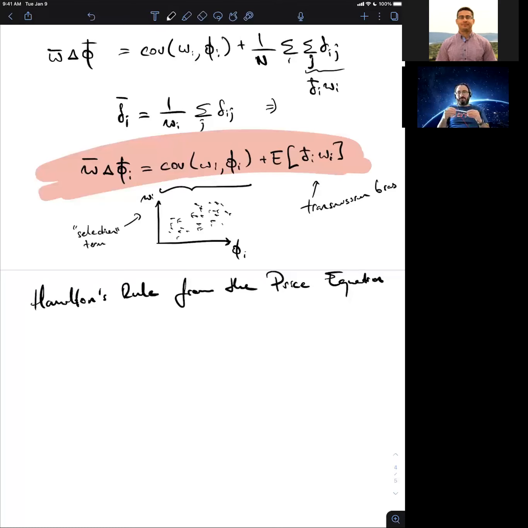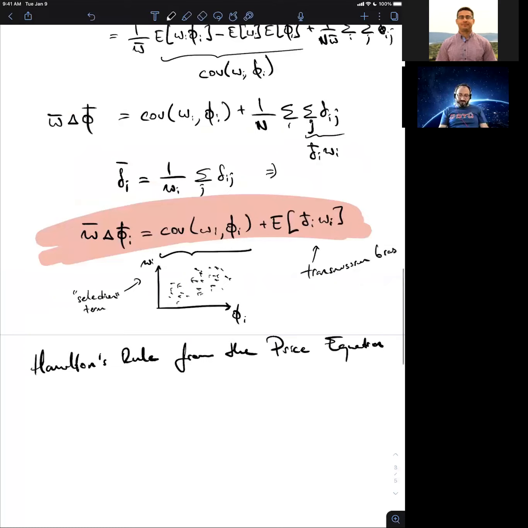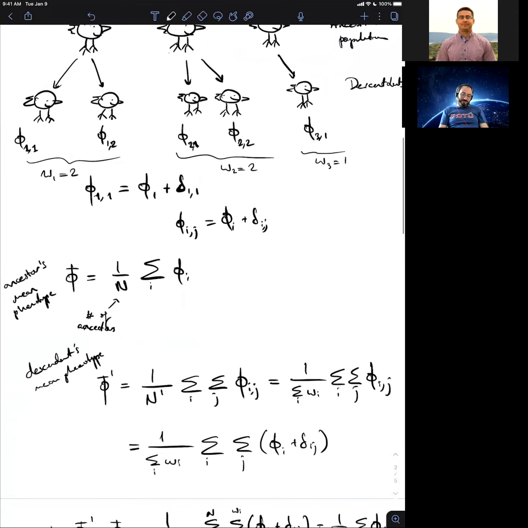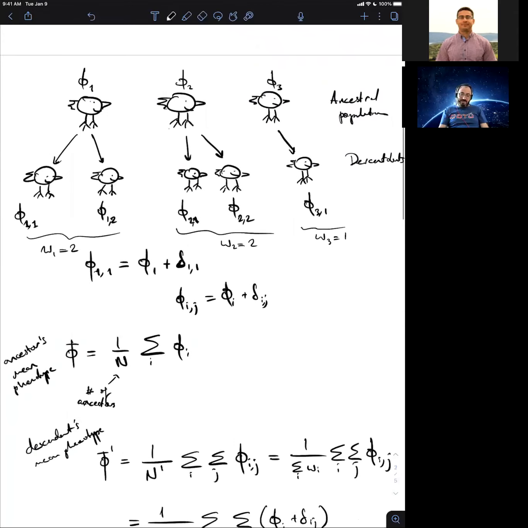The way that would show up in the Price equation depends on what causes the males and females to differ in phenotype.